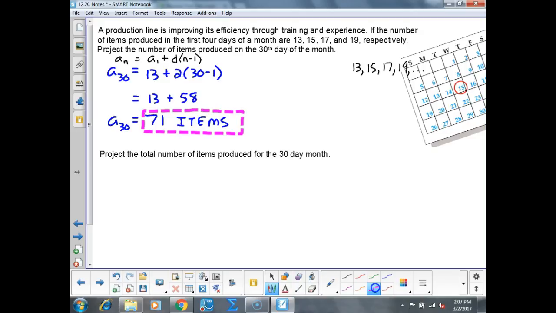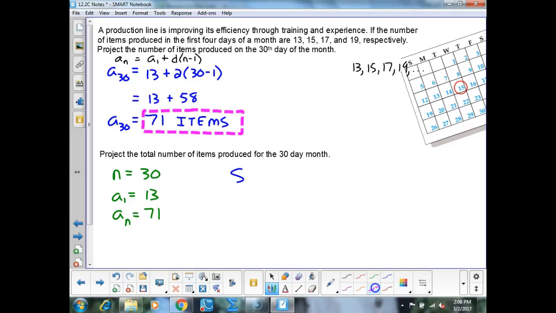Project the total number of items produced. Again, I need the number of days in that month, which is 30. I need how many we produced on the first day, which is 13. And I need how many were produced on the last day, which is 71. So the sum of the first 30 days of that month is 30 divided by 2 times 13 plus 71.